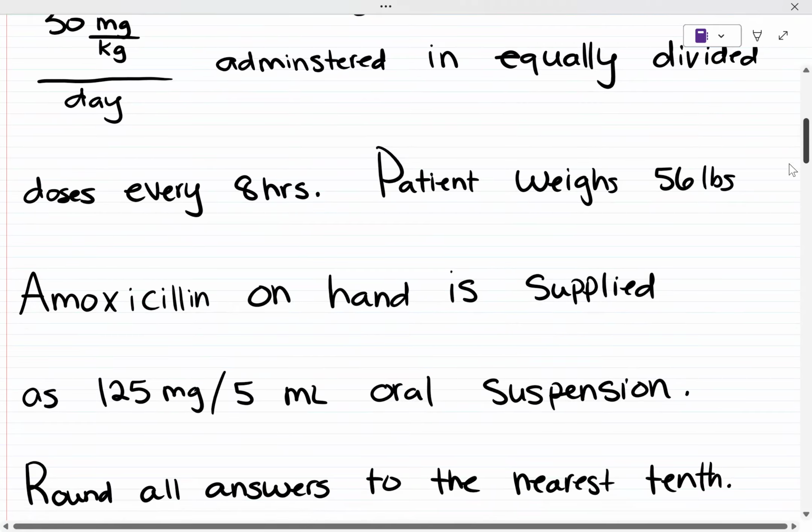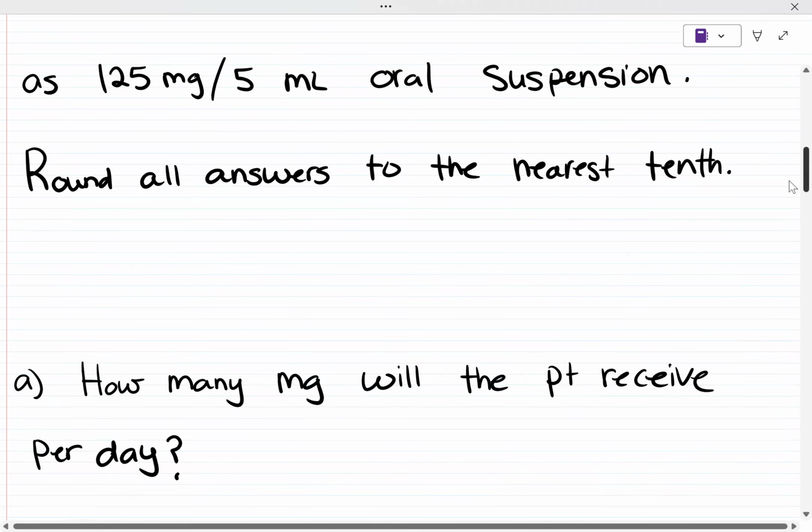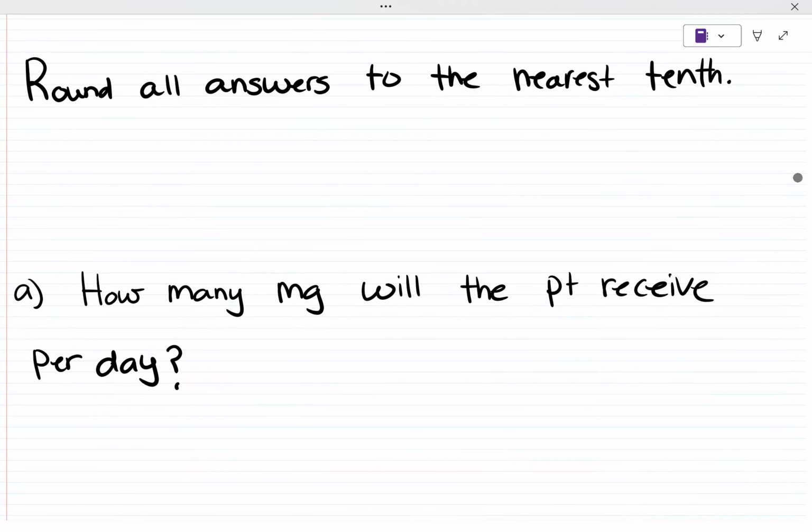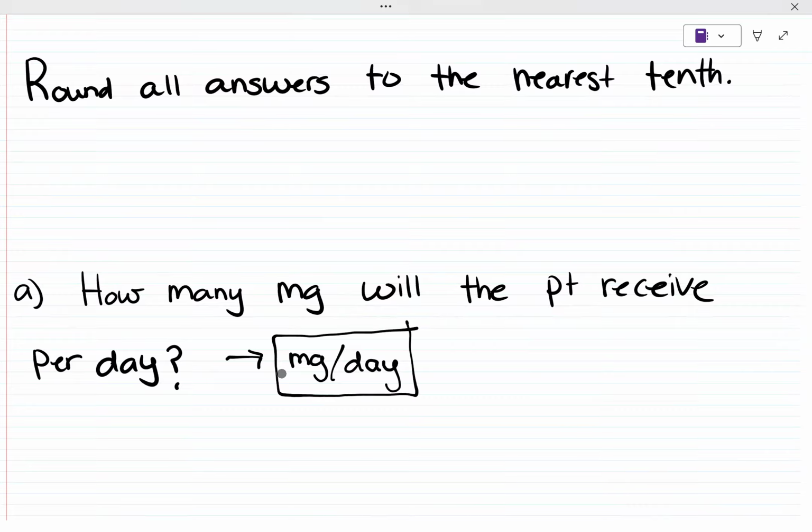Round all answers to the nearest tenths. So the first part asks, how many mg will the patient receive per day? That's a big clue. Your final answer has to be in mg per day. If you don't have this unit as your final answer, you know you did something wrong, right?